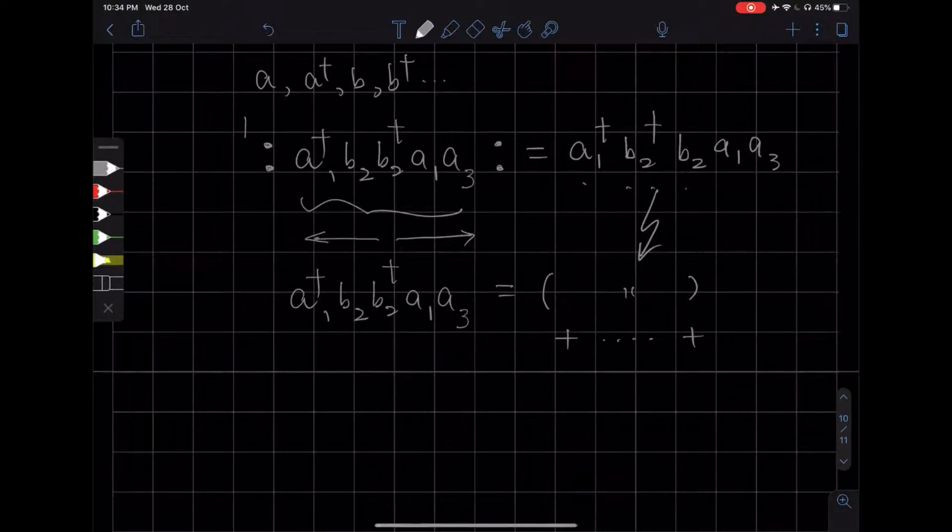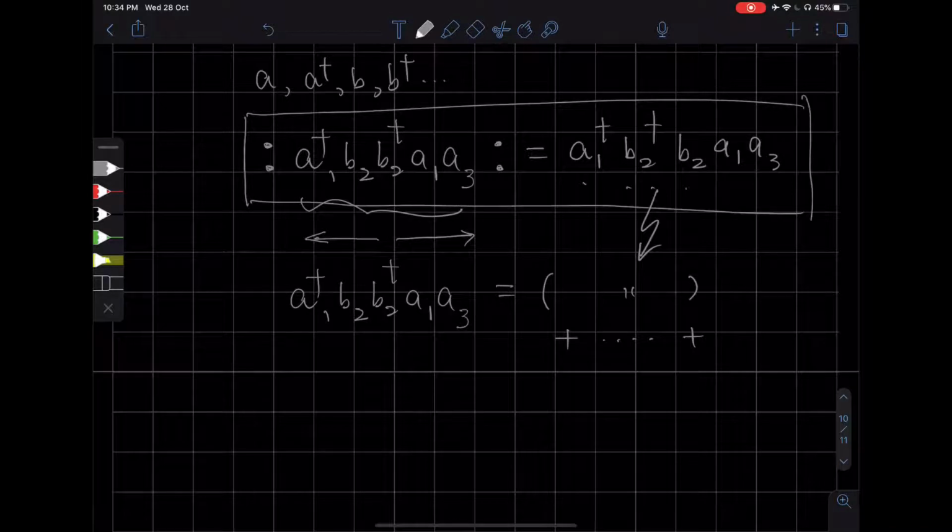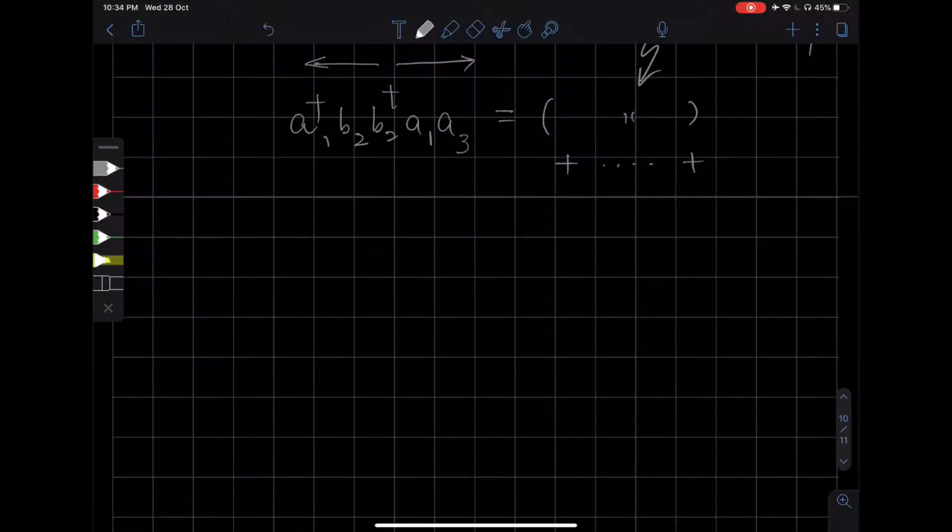Whereas the normal ordering prescription means that inside the normal ordering, we can move the operators around, and then when we remove the normal ordering, they have to be ordered in such a way that all the annihilation operators are on the right and all the creation operators are on the left.